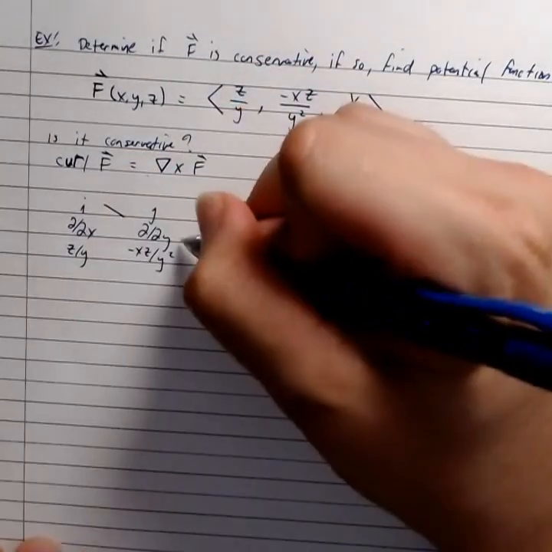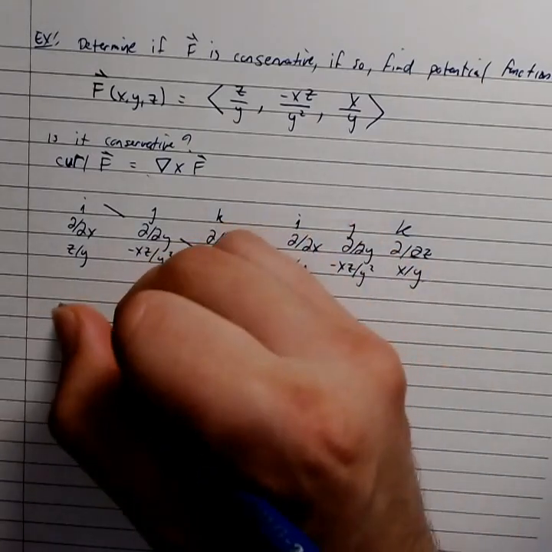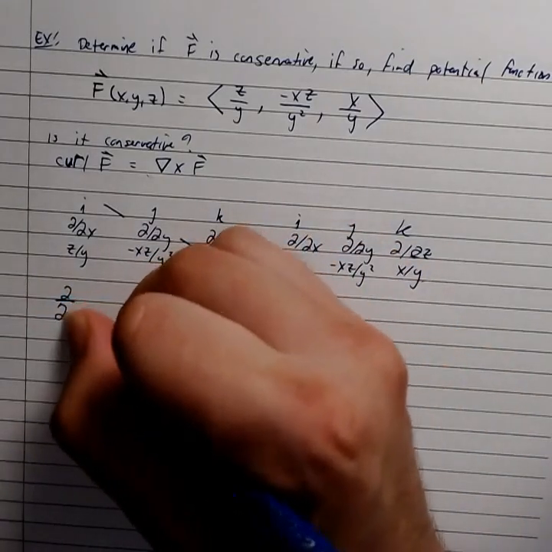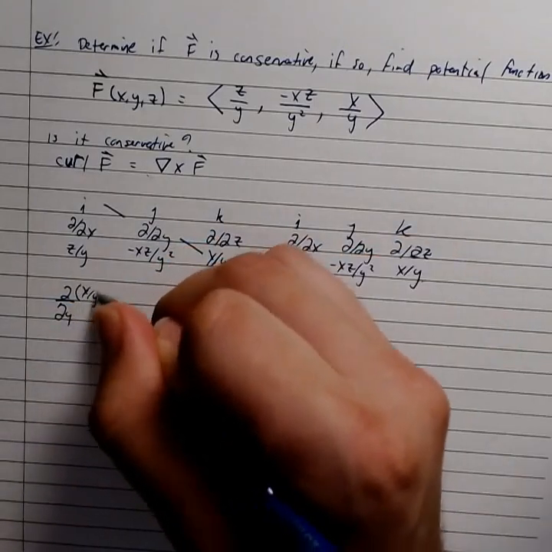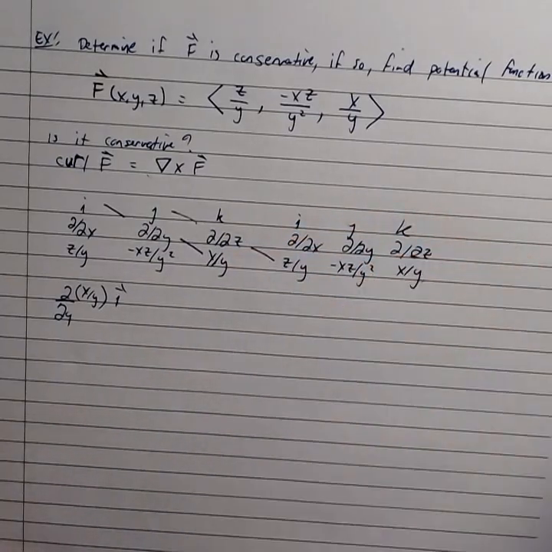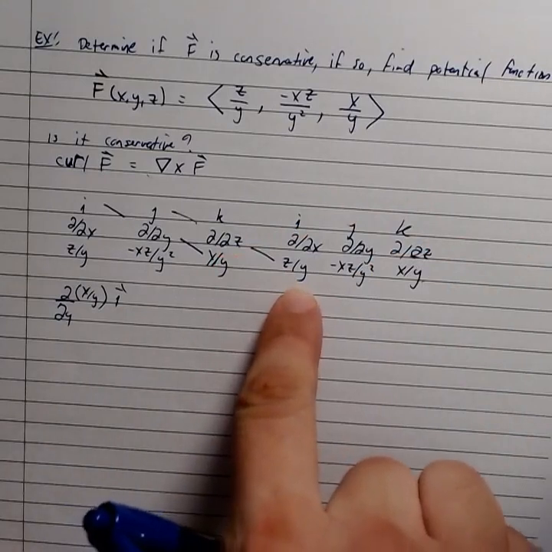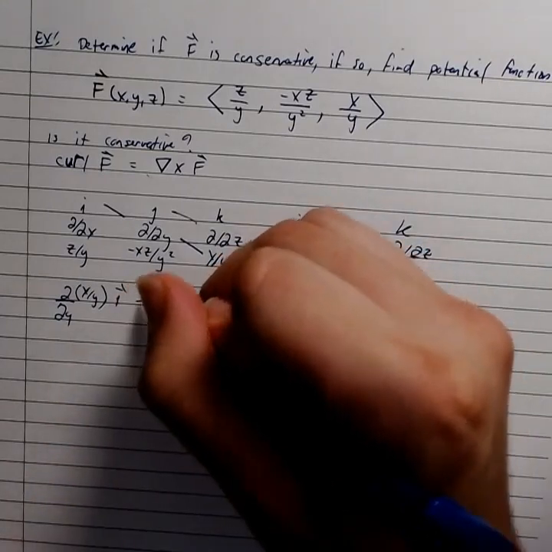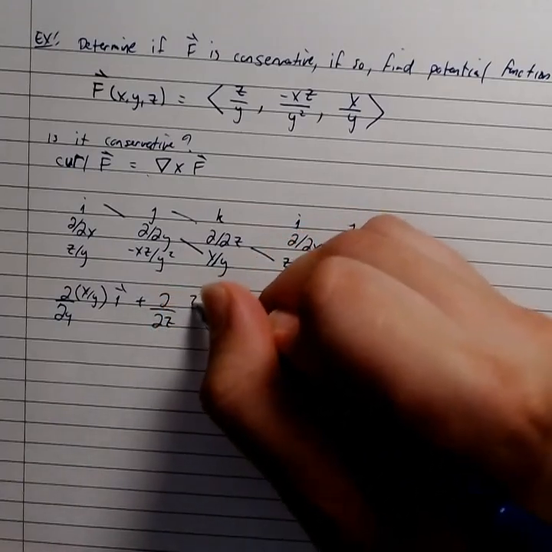Here, we're going to take the partial of x over y with respect to y. In fact, let me just write that down. That's going to be the partial with respect to y of x over y. And that's I. This one is going to be plus the partial with respect to z of z over y.